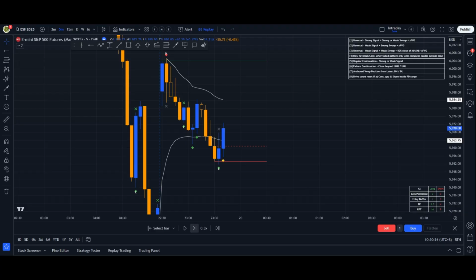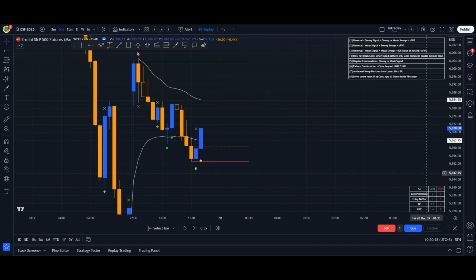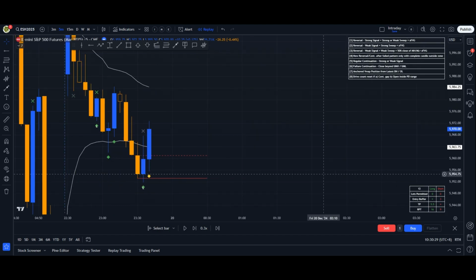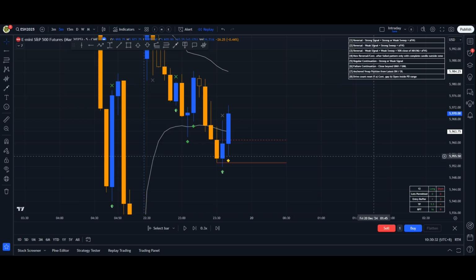So at this point some signal got printed. Just to go over some of the new observations that we are seeing for later. This is a weak signal with a strong sweep, which we should be looking for from an entry perspective. It actually does not have a fair value gap, so probably not a good entry, because that's the other thing that we definitely want to see.